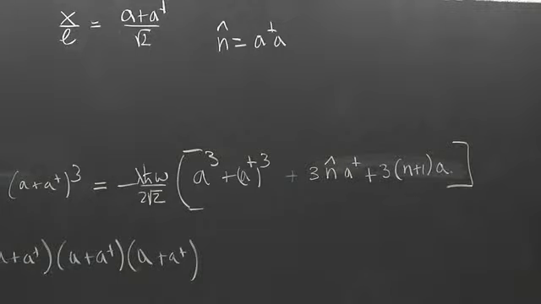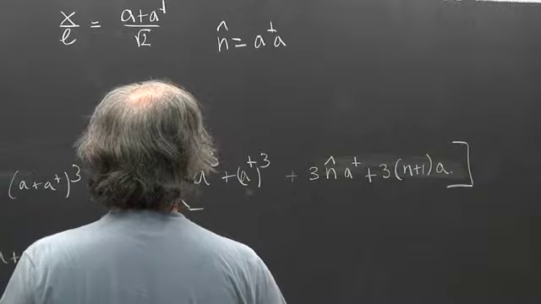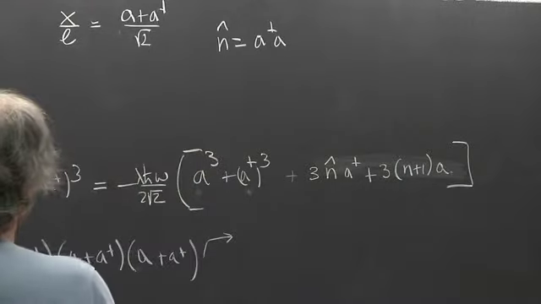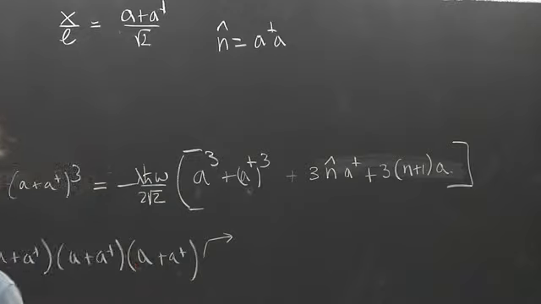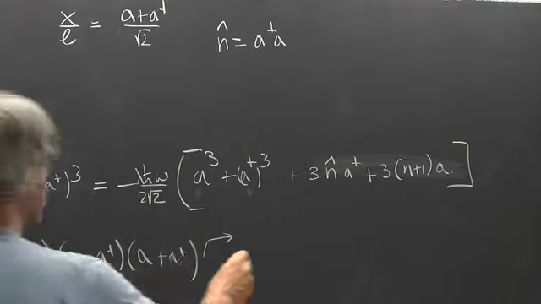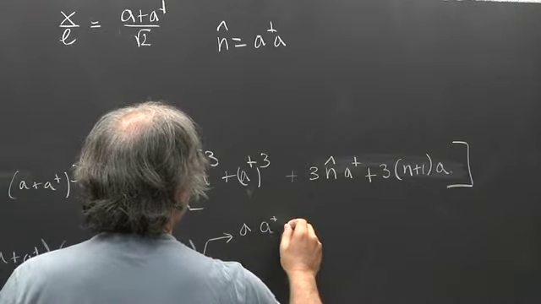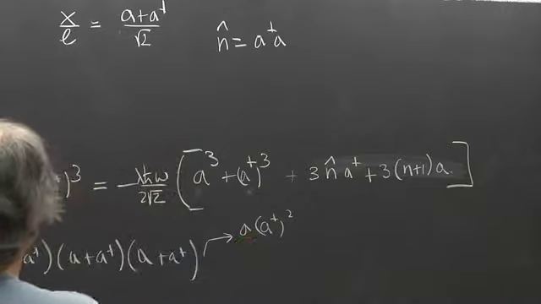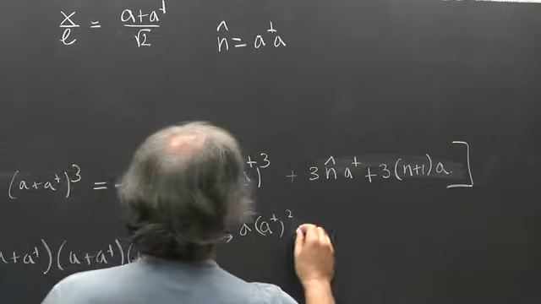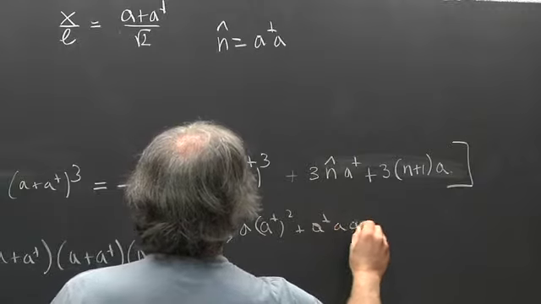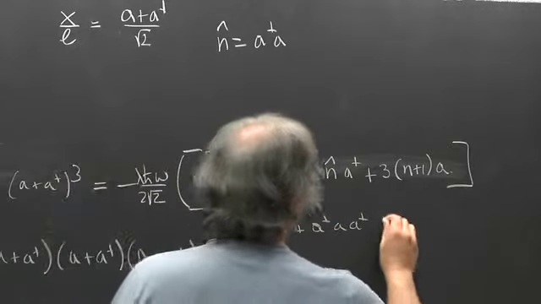So, counting 2 times 2 times 2, 8 terms. 1, 2, 6 more. So let's see. The 6 more terms will be, for instance, let us be systematic. 1 A and 2 A daggers can appear like this, or the A in the middle, or the A at the end.